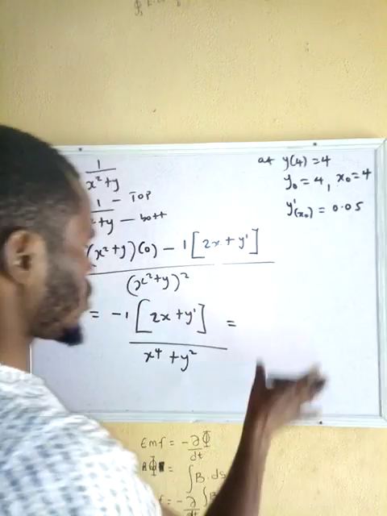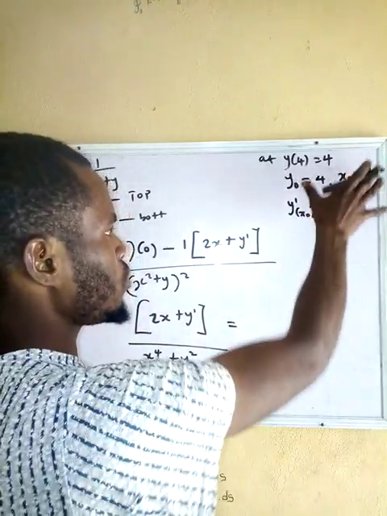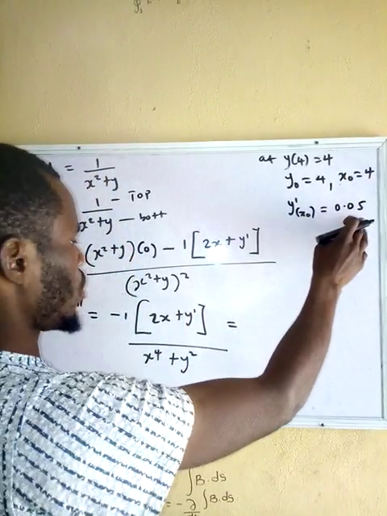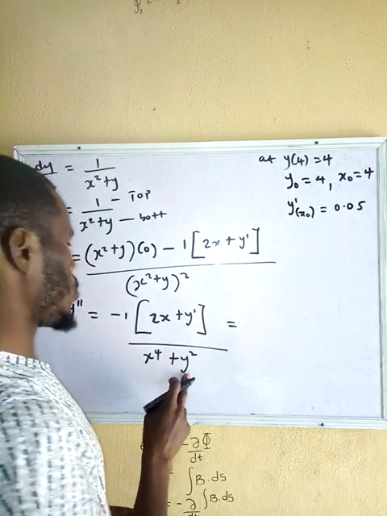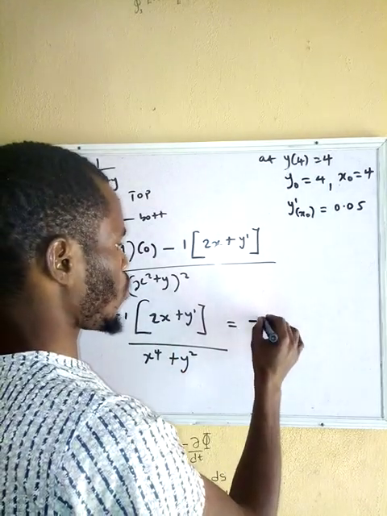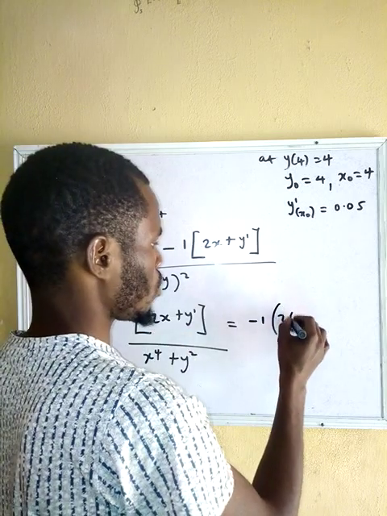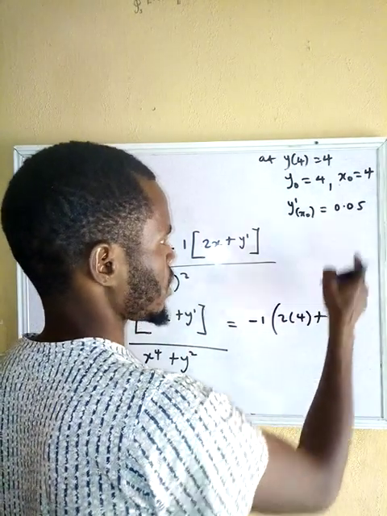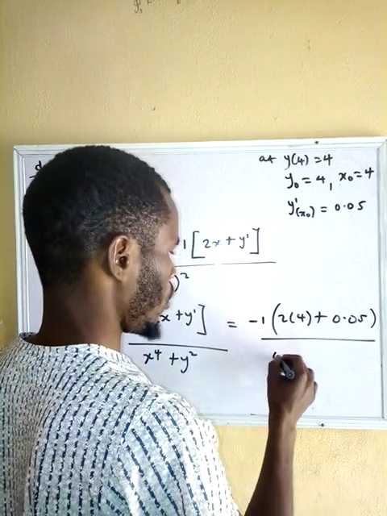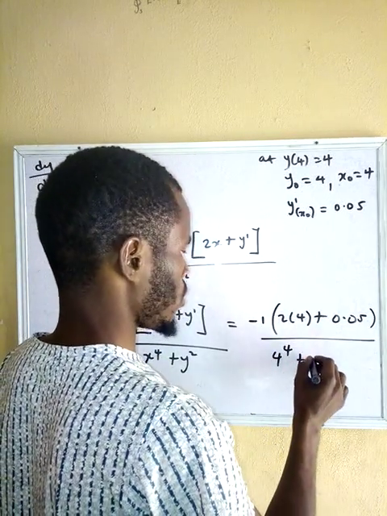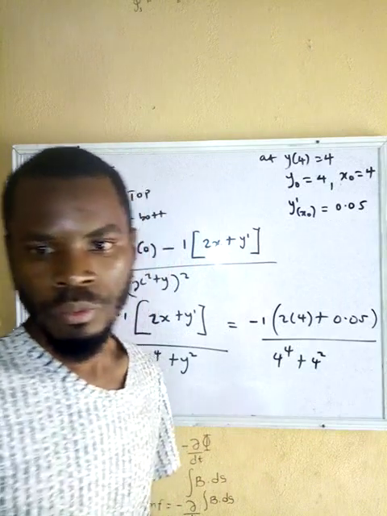If we insert the values given to us, y prime is 0.05, x is our x naught, y is our y naught. So we are going to have minus 1 into 2 into 4 plus 0.05 all over 4 to the power of 4 plus 4 to the power of 2.